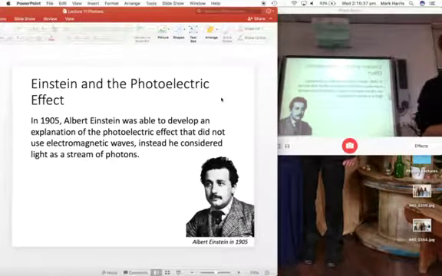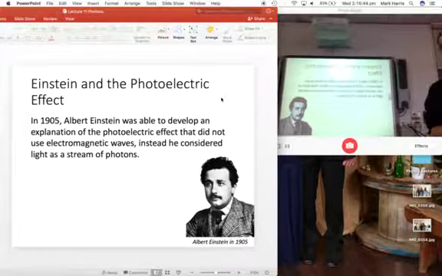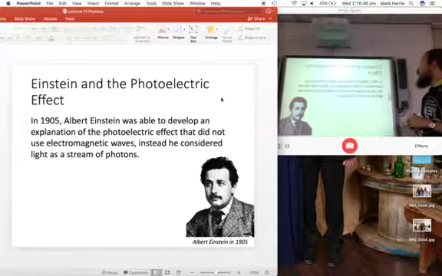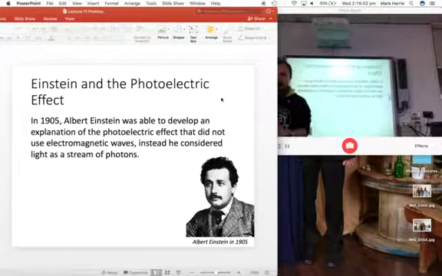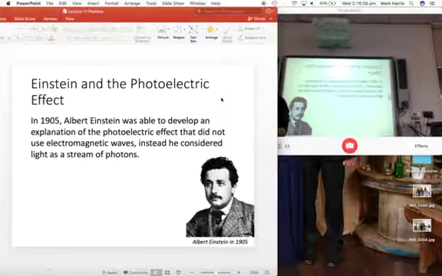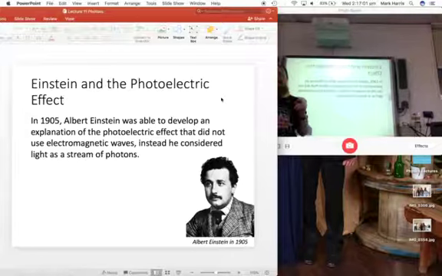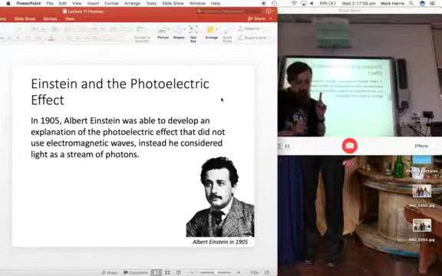It's amazing that one human being could do that much work in one year. So he was able to develop an explanation for the photoelectric effect that didn't use electromagnetic waves, that instead considered a stream of photons.